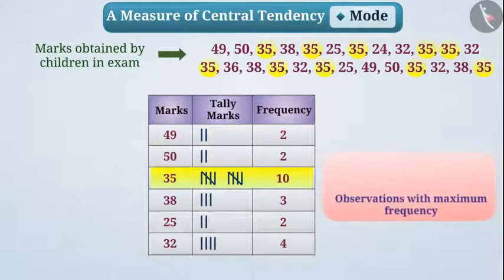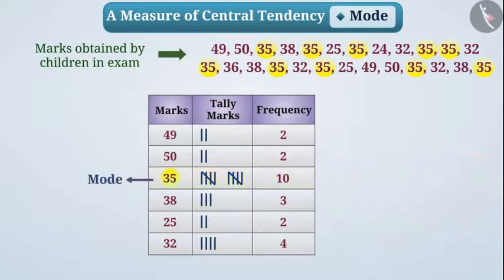Therefore, observations with maximum frequency can be called mode. As here 35 has come at most, 10 times, so it is the mode. Here, mode 35 tells us that the maximum number of children have scored 35 marks.